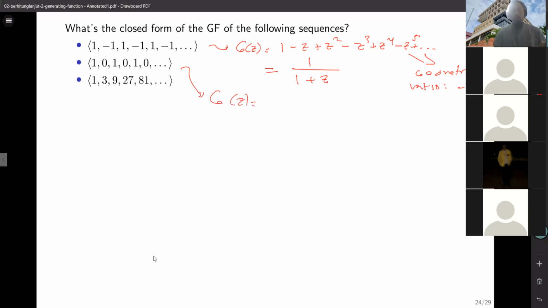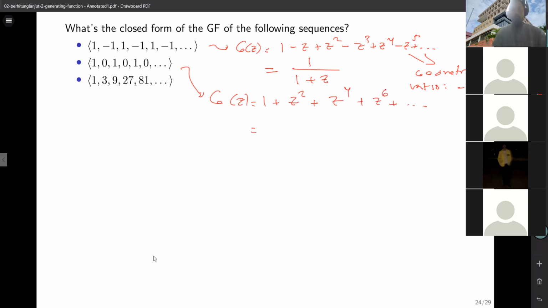G(z) is 1 plus what else? 1 plus what? Plus Z squared, plus Z to the power of 4, plus Z to the power of 6.